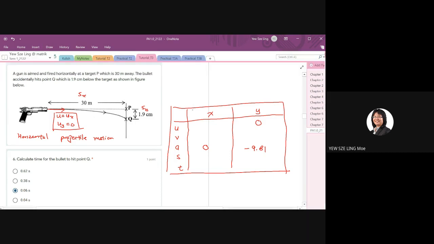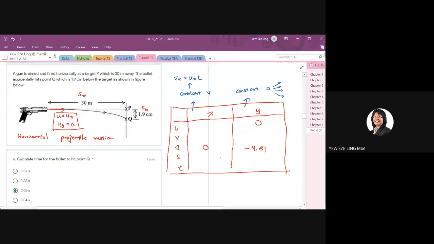So just a quick recall. X component, the assumption is the object is moving with constant velocity. Y component, the object is moving with constant acceleration. So when it comes to constant acceleration, we have the 4 linear equations. When it comes to constant velocity, you have only one equation, which is Sx equals UxT.